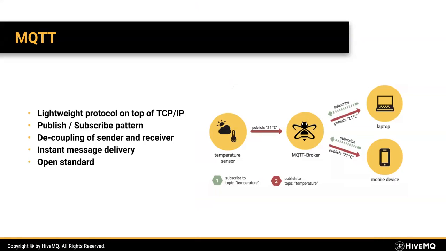MQTT is a very lightweight protocol that works on top of TCP/IP, and it was built to monitor oil pipelines, therefore it had to be very resource effective, because oil pipelines were monitored by satellite, and traffic over satellite is very expensive.